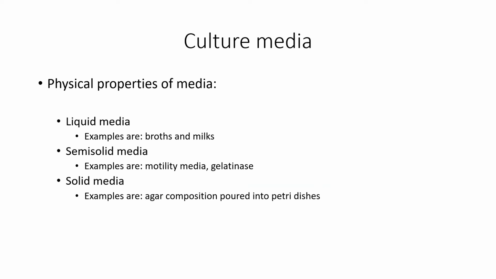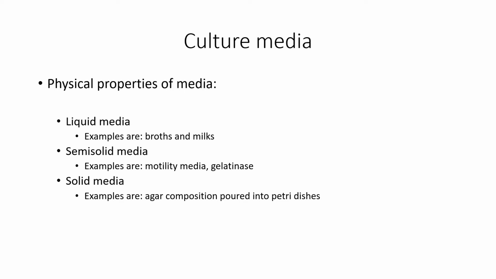All right, let's talk a little bit about culture media. And just so you know, your textbook has an excellent appendix in the back of the book that talks about all the different types of culture media, so you should be looking at that, okay? Some physical properties of media is they're either going to be liquid, semi-solid, or solid media. Liquid media would include things such as broths like nutrient broth and milks such as litmus milk, okay?